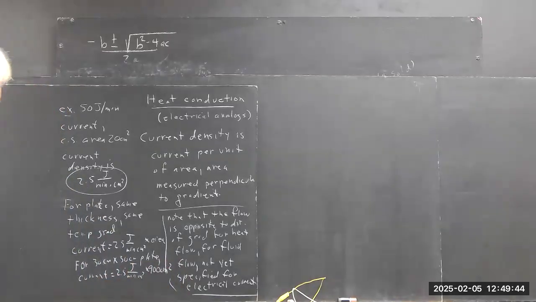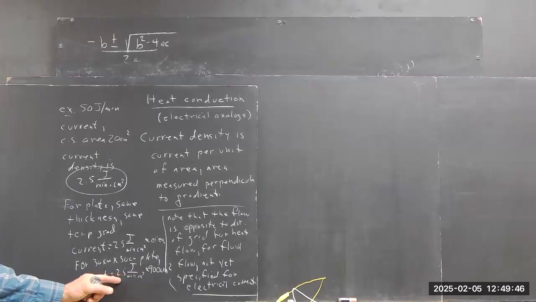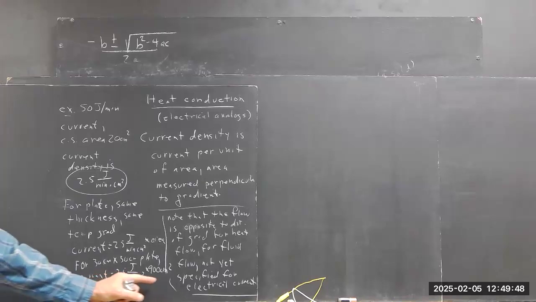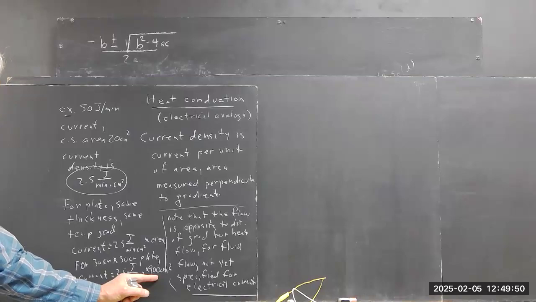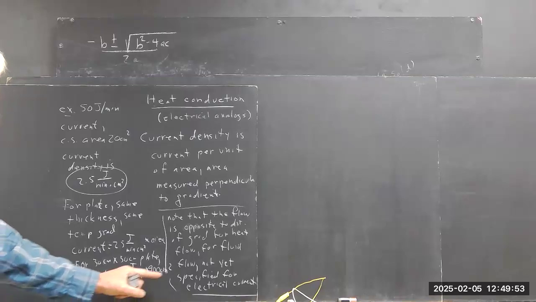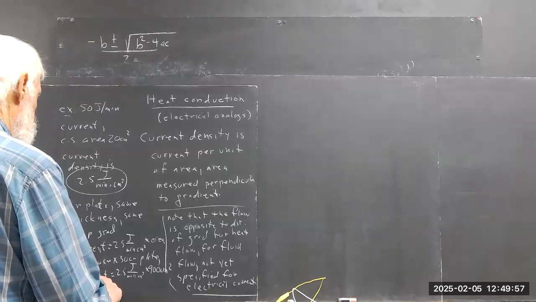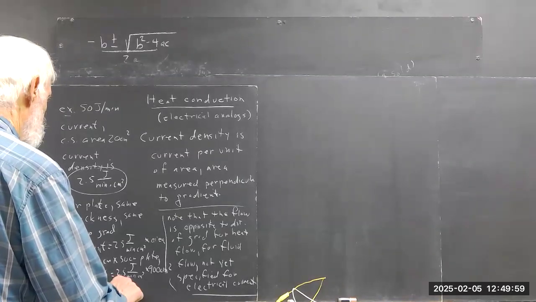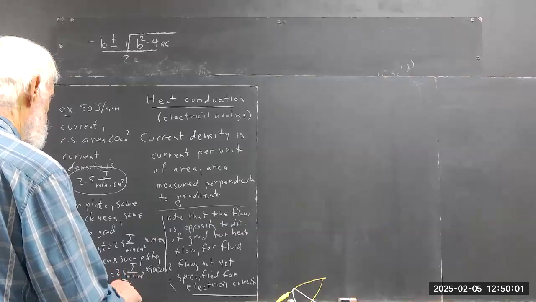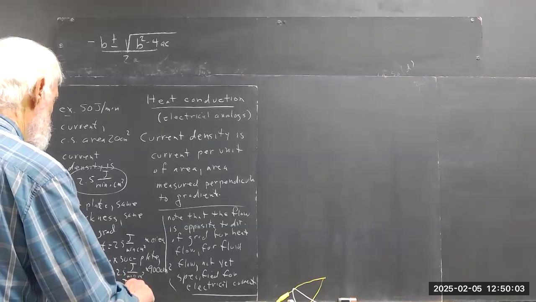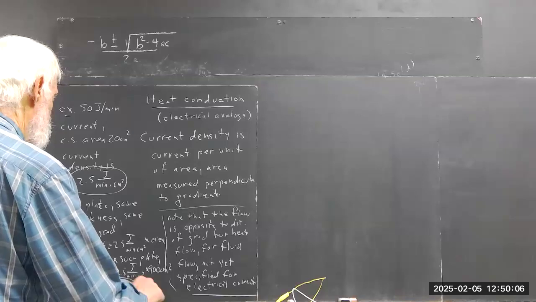Okay, that's really badly written because I'm writing fast and on the board. That's your 2.5 joules per minute centimeter squared times 900 centimeters squared. Centimeter by the centimeter will get joules per minute. And that's going to be, I think, 2,250 joules per minute.